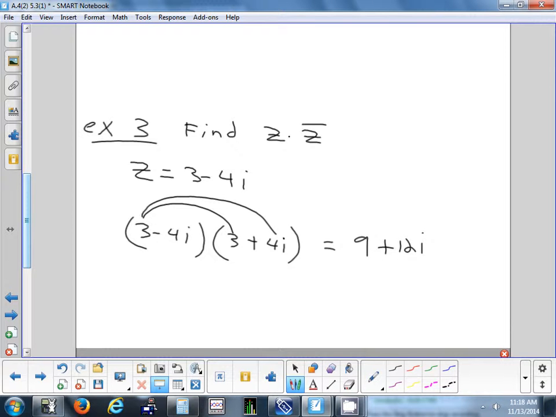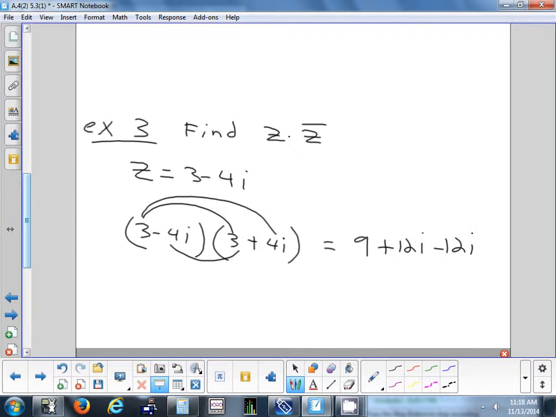Okay, Lydia, what would be our next product? So we did the 3 times 3, and we did the 3 times the 4i. So yep, negative 4i times 3, which is negative 12i.